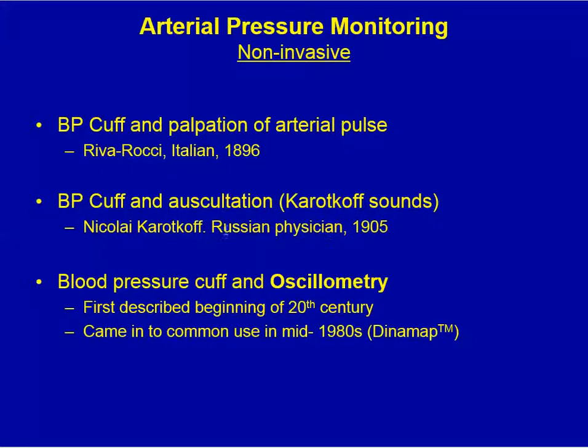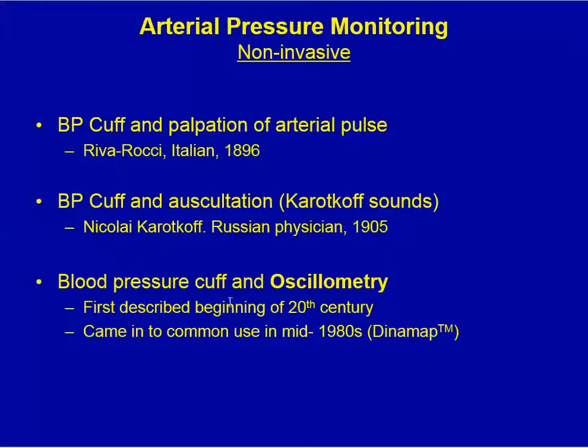A few years later, the Russian physician Korotkov described the use of a blood pressure cuff and auscultation over the brachial artery using the so-called Korotkov sounds as the way of identifying systolic and diastolic.